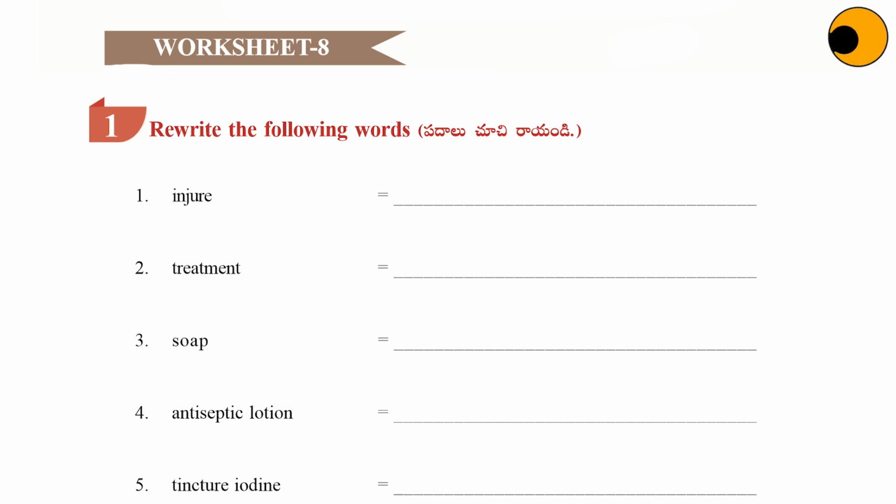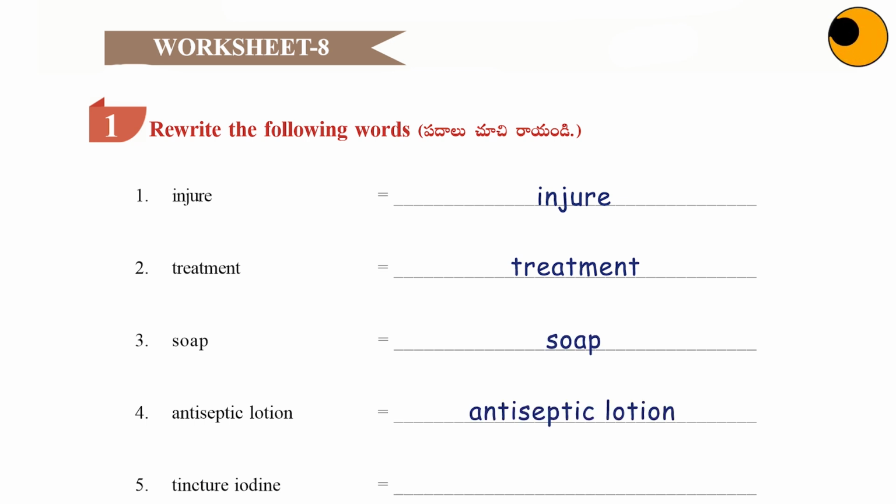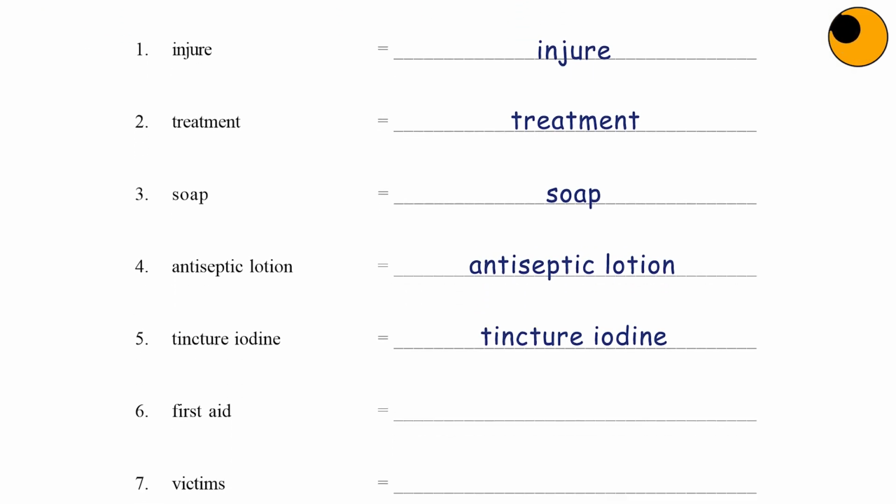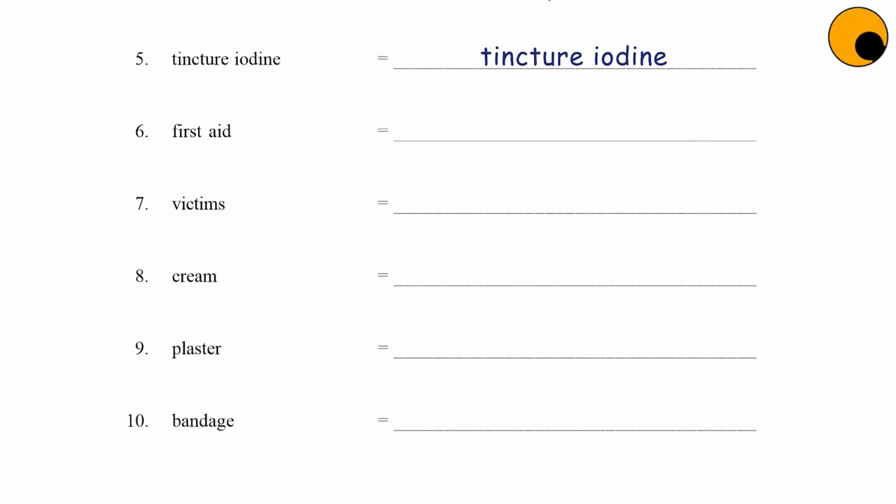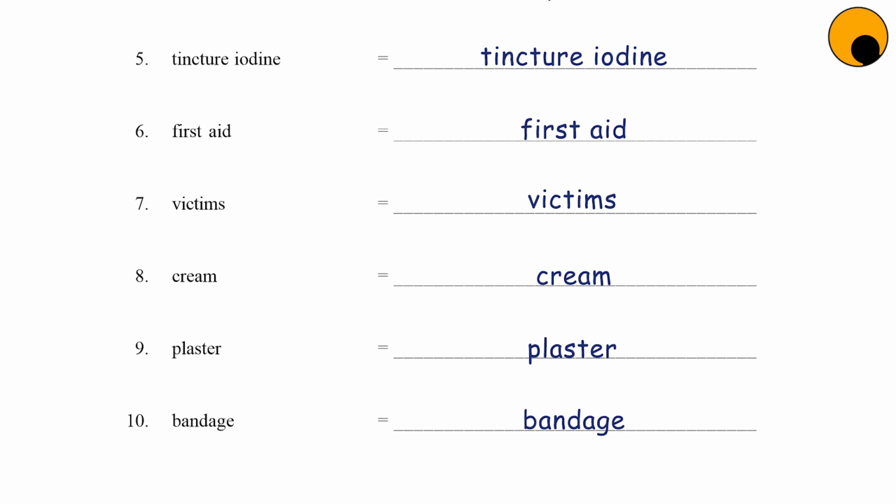Worksheet 8. Rewrite the following words. ఈ పదాలను చూసి రాయండి. Injure, treatment, soap, antiseptic lotion, tincture iodine. First aid. Victims, cream, plaster, bandage.